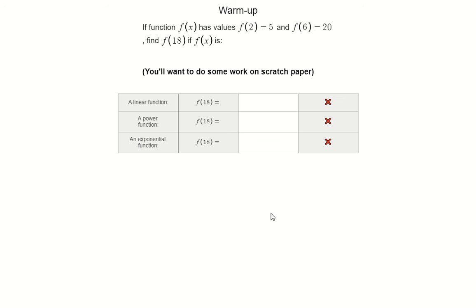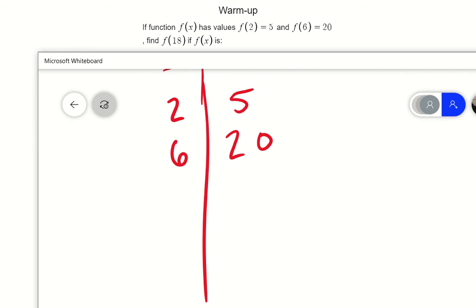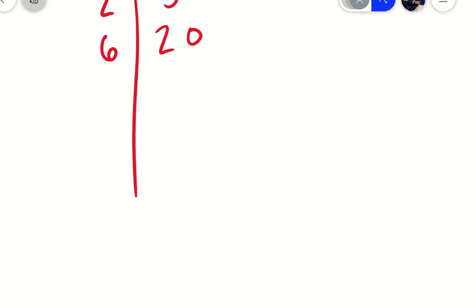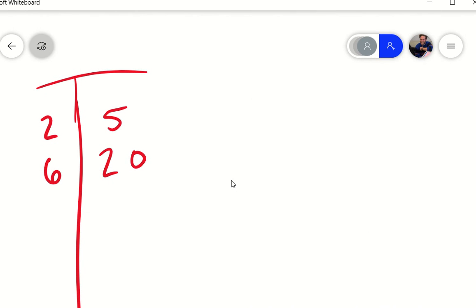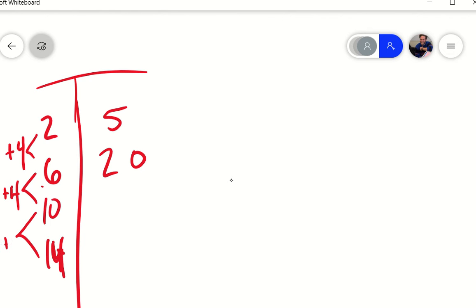First, we're going to look at a linear function. So if this function's linear, then that means we've got this plus 4 here. It's going to be an add-add pattern. So 2 plus 4 is 6, 6 plus 4 is 10, 10 plus 4 is 14, 14 plus 4 is 18, which is what we're looking for.